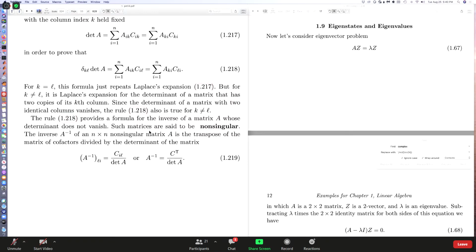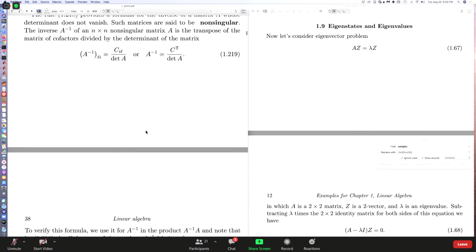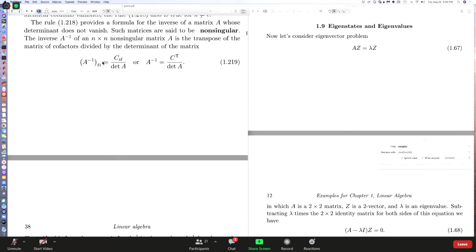And what we can see is, well, the result of the formula is simply that the L-ith element of the inverse matrix is the I-L cofactor divided by the determinant.